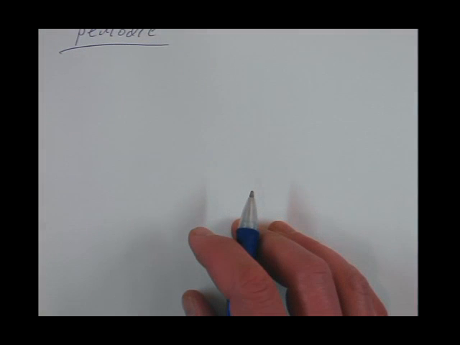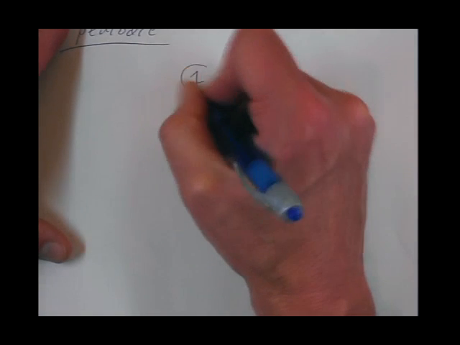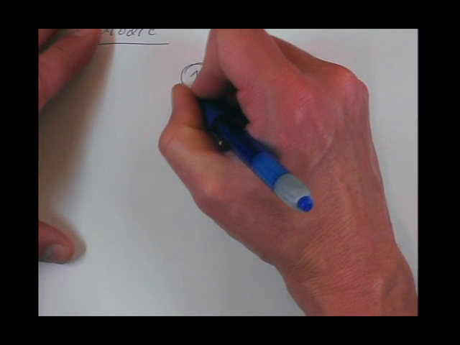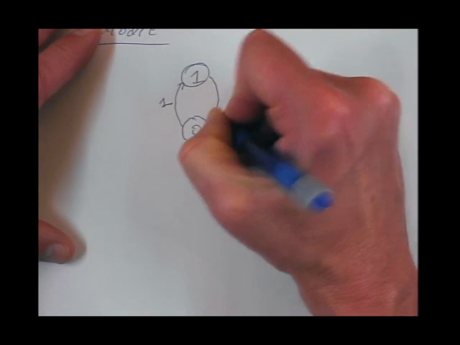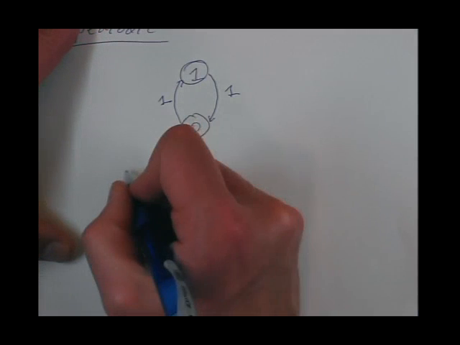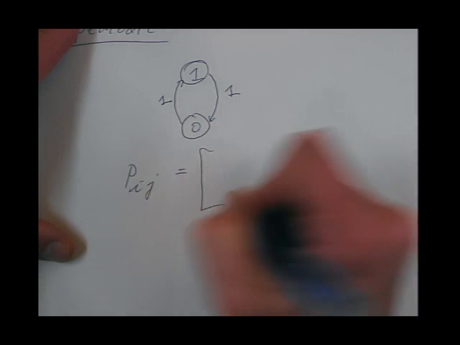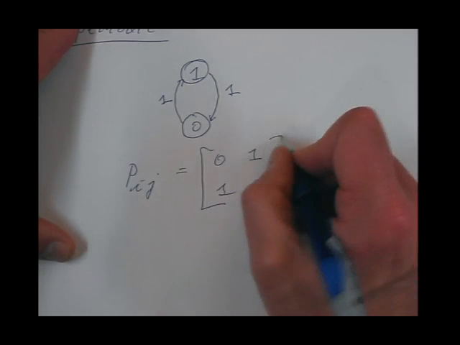Okay, so this is an easy one to do. We have 0 and 1. In this case, if you start at state 0, you go to state 1 with probability 1. If you start at state 1, you go to state 0 with probability 1. So now in this case, P_ij is a matrix, and it's 0, 1, 1, 0.